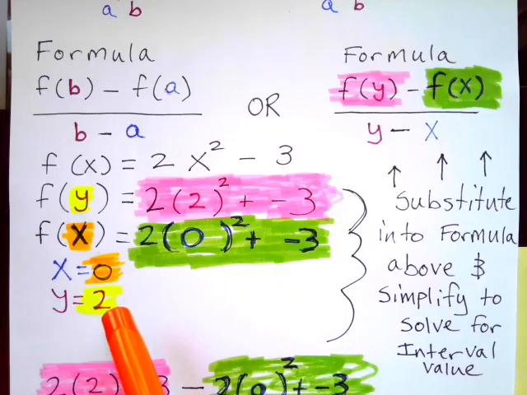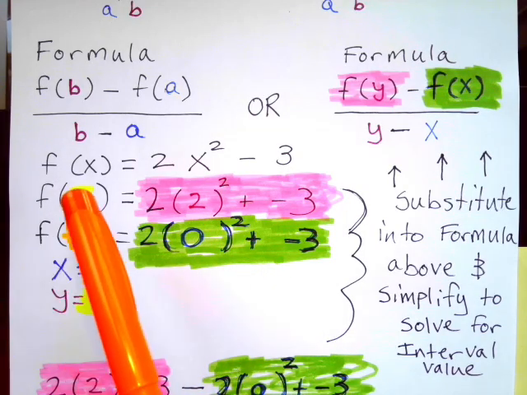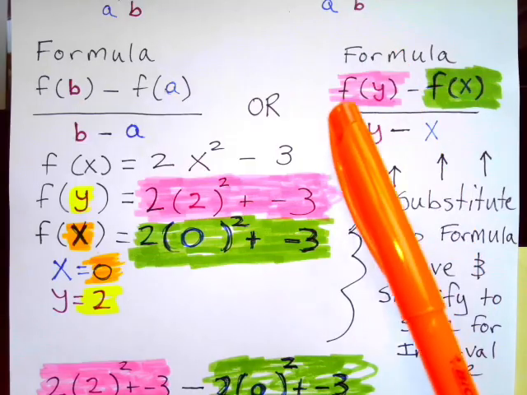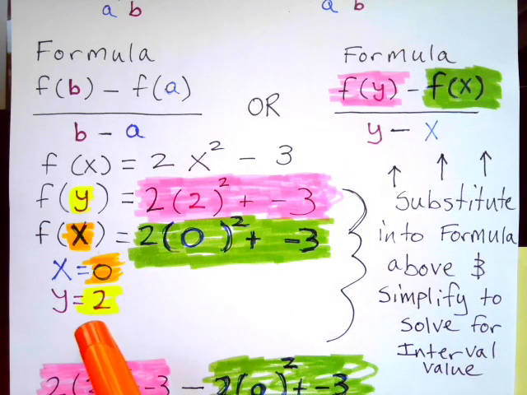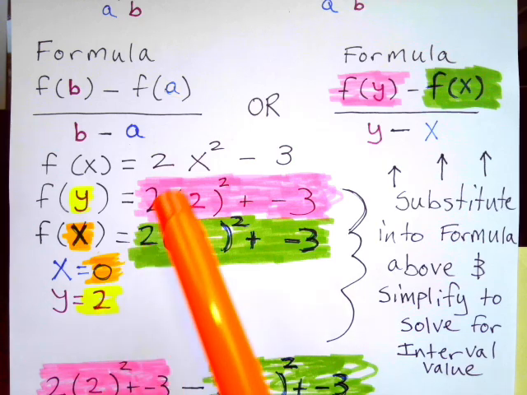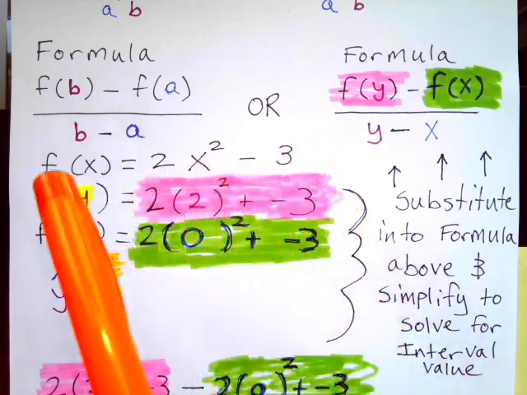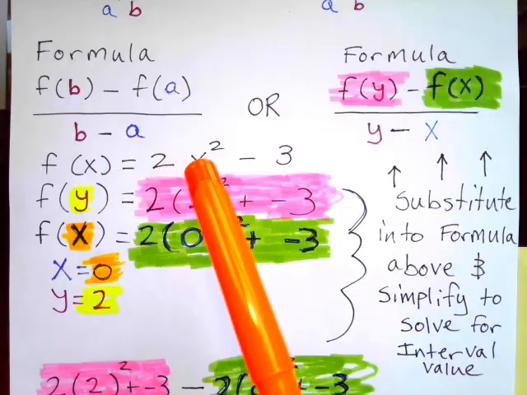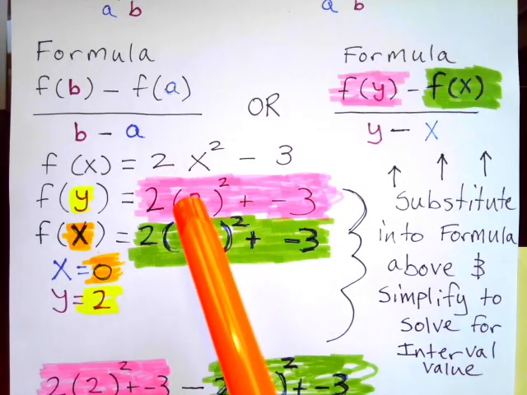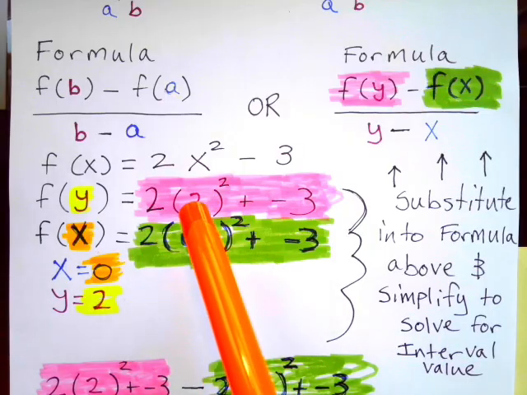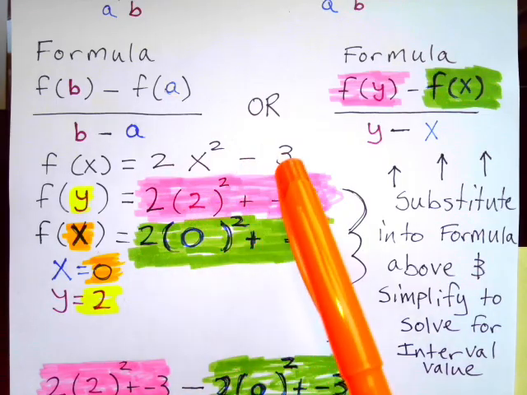Again, we're going to substitute that f of y into the formula. I'm going to substitute my y value given as 2 everywhere you see x in the problem for the function of x. Here is where I see a value. I'm going to substitute my y value of 2. And then I rewrite everything else.